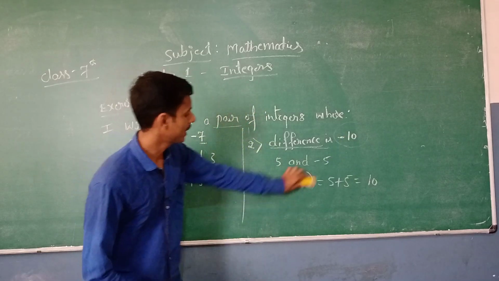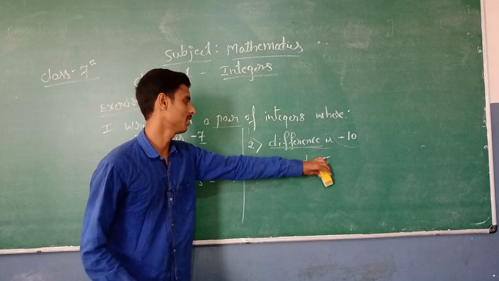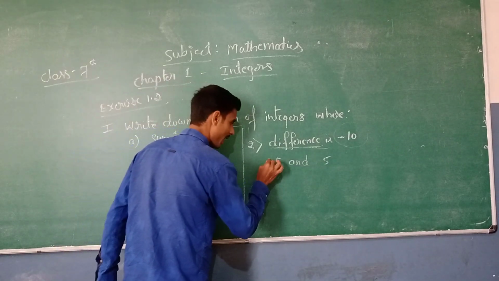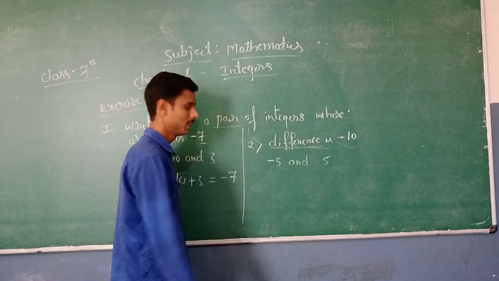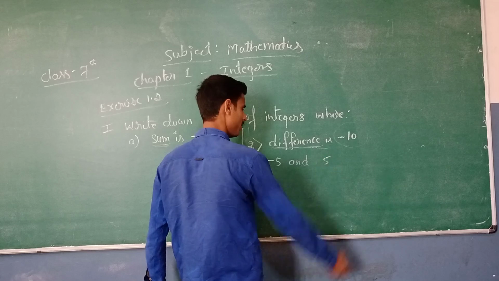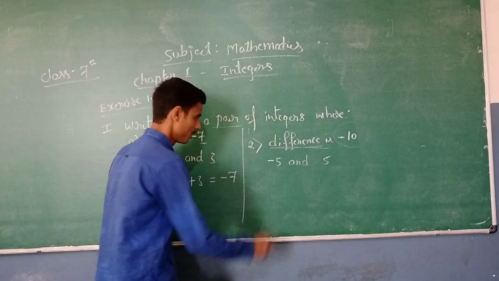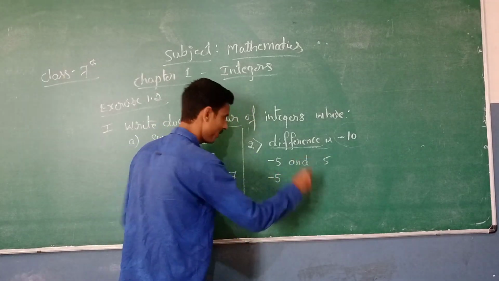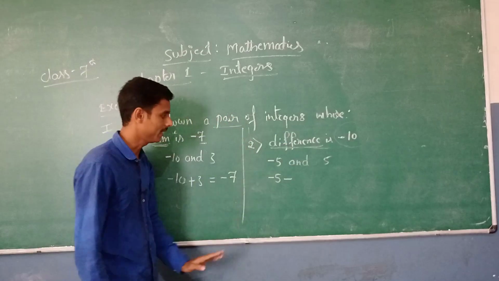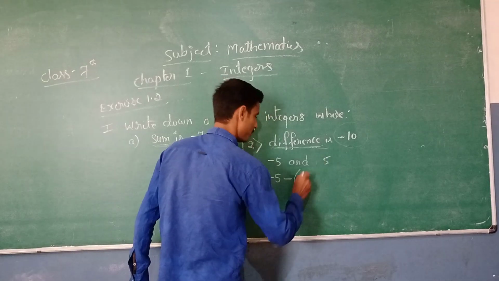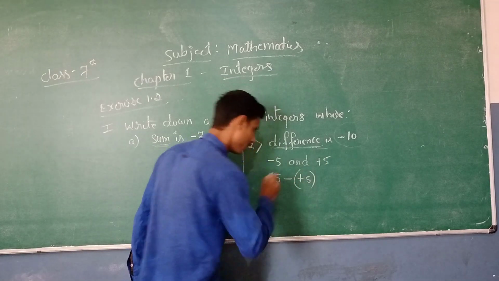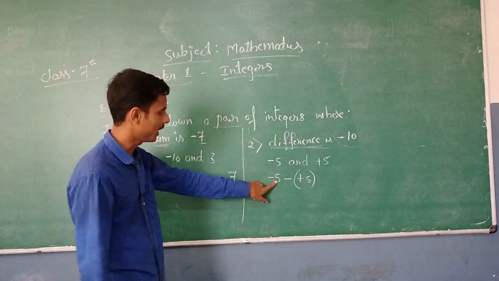So we can interchange the signs. How to interchange the sign? Can we write 5 as minus 5? So the plus 5 will remain as plus 5, and minus 5.